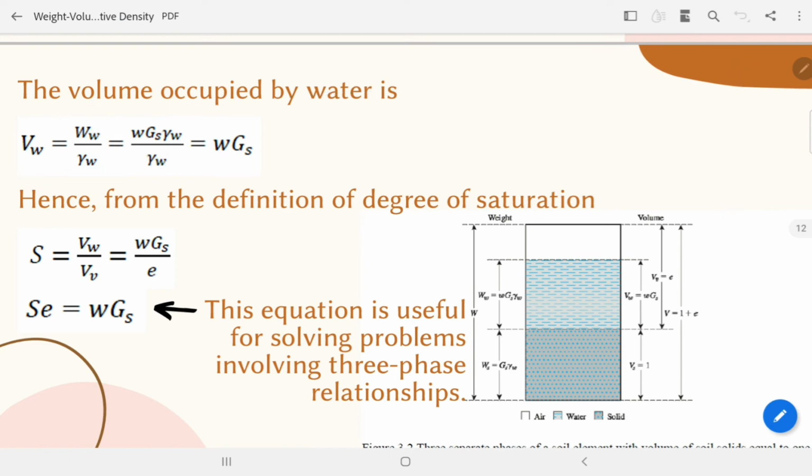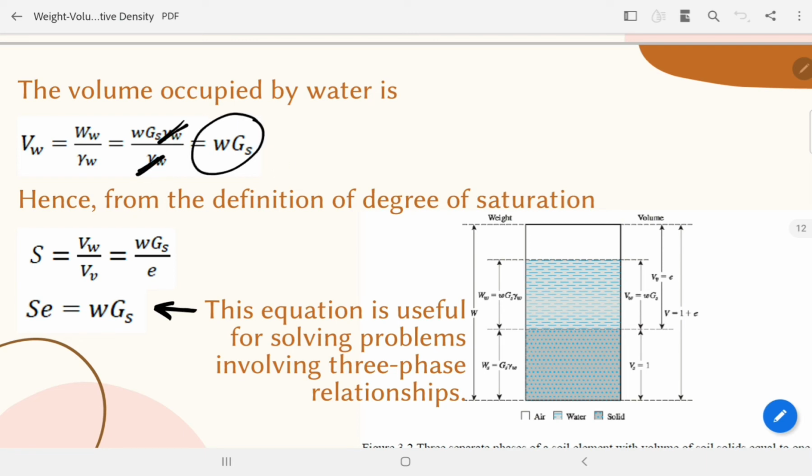Again, we can replace weight of water as omega GS gamma water. That is here. Kinopya ko lang yung figure. And then, gamma water. And since we can cancel out gamma water from the numerator, right? And gamma water from the denominator, we get omega GS.